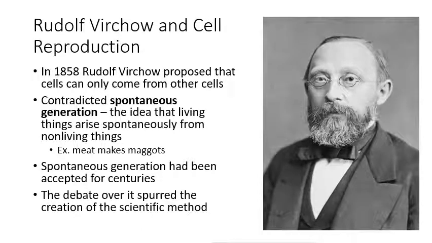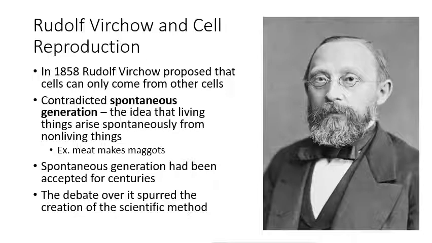Rudolf Virchow also made really important contributions to cell theory. In 1858, he proposed that cells come from other cells and can only come from other cells. Previous to that time, most scientists believed in spontaneous generation, the belief that living things come from non-living things spontaneously.